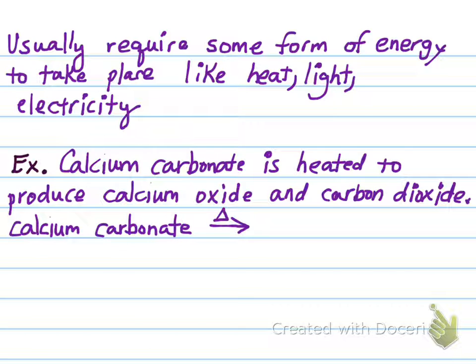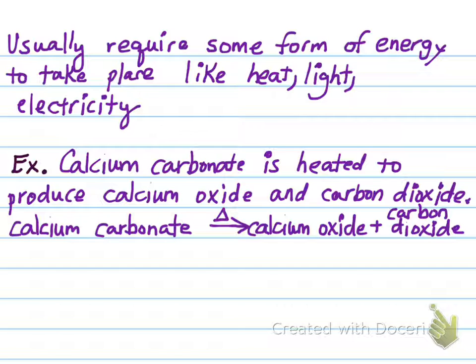To produce, so calcium oxide is a product. We have an and, so a plus, carbon dioxide. So now that we have our word equation, now we're going to go ahead and do our skeleton equation.